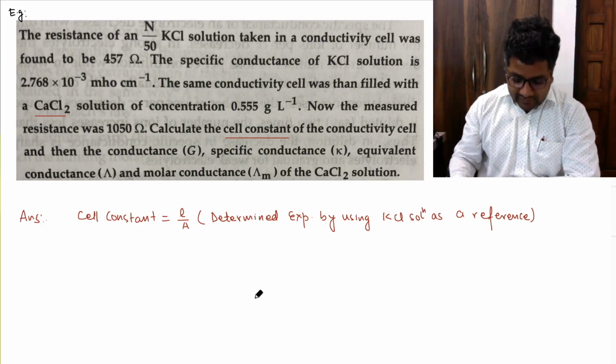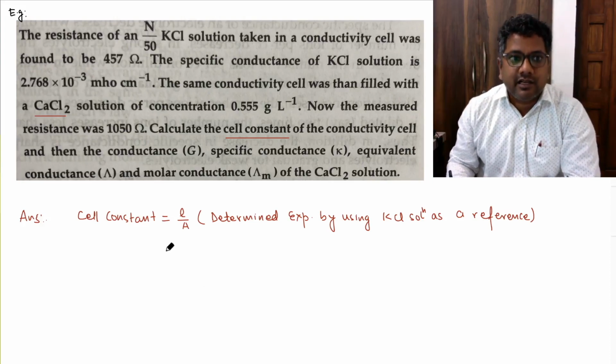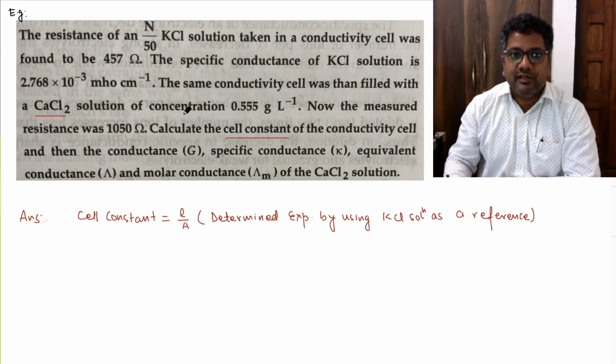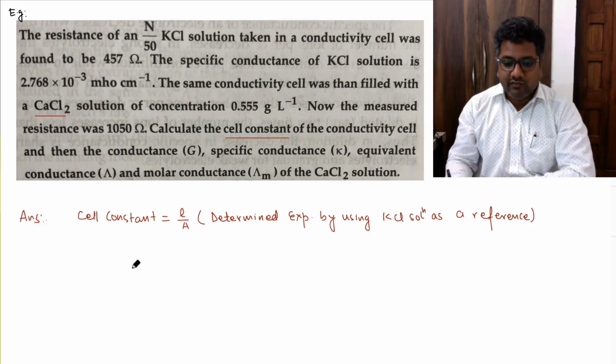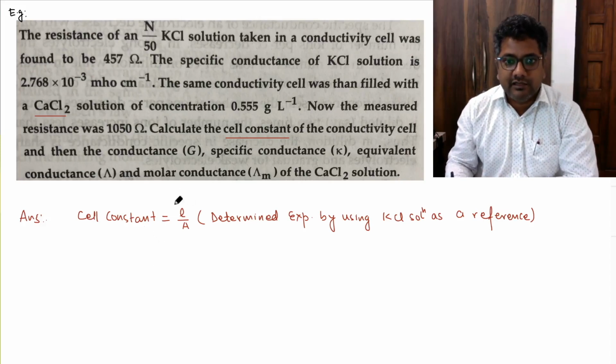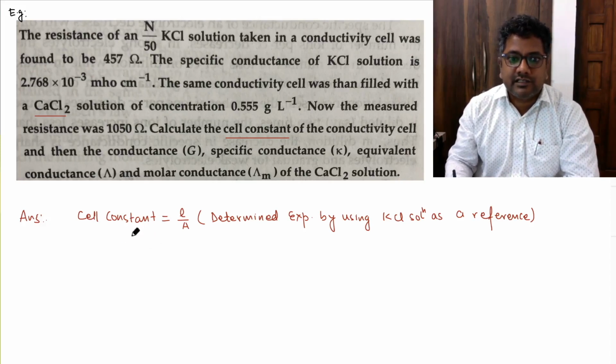So for this L by A, what is required? Resistance is given, so you can calculate G. The specific conductance kappa for KCl is given.